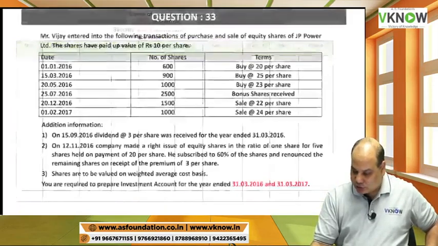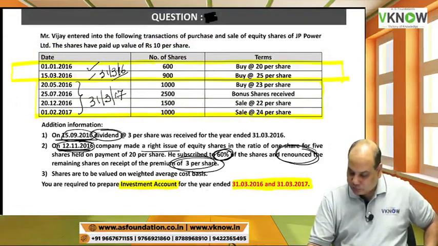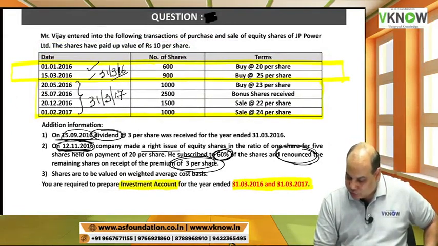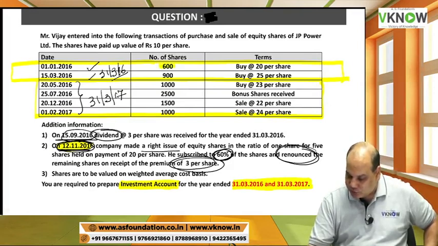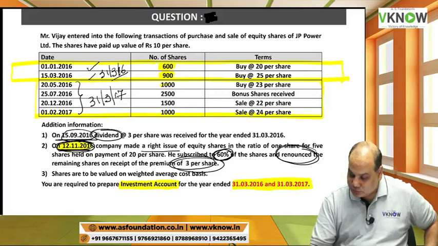So on the screen is the question. You have the right issue on 12th November. Is it right? Before 12th November you have 600 shares, this 900 shares, this 1000 shares and this 2500 also. Yes or no?